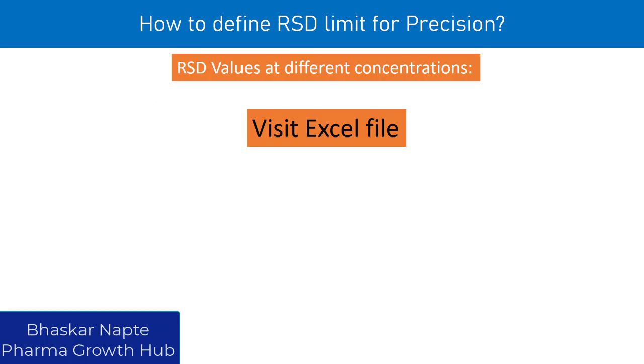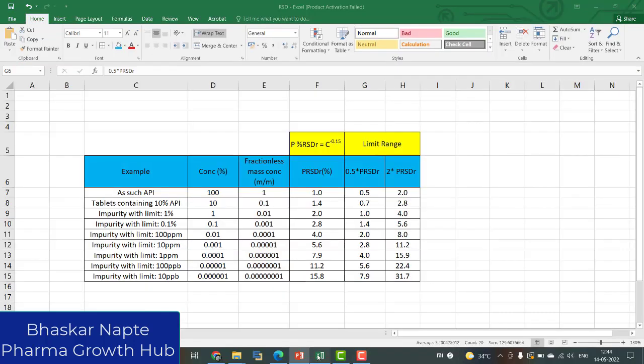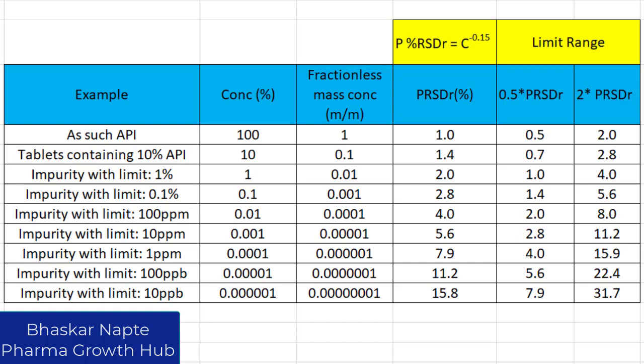Now, once you understand this, let us understand how this RSD can be calculated for the different concentrations. And for that reason, I need to bring the Excel sheet into the presentation. So here is the Excel sheet now, and I hope you are able to see the Excel sheet.